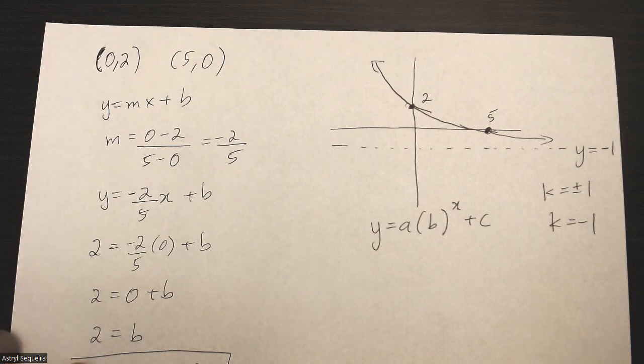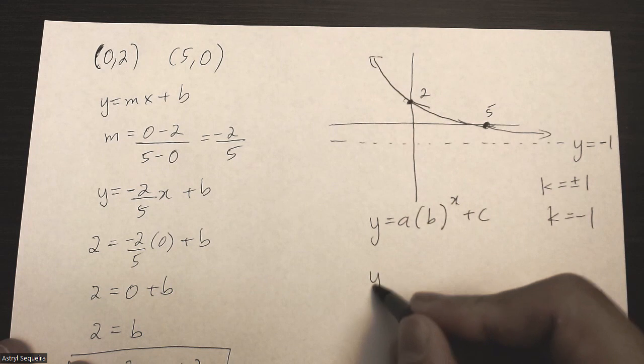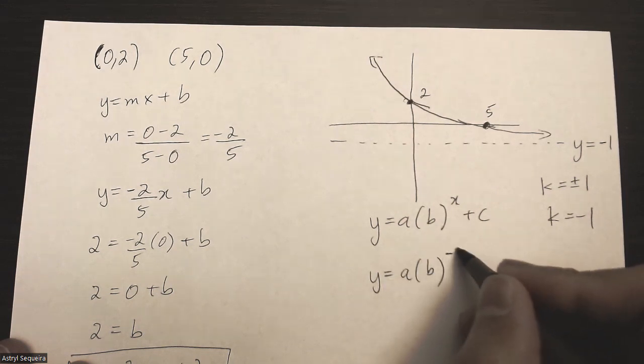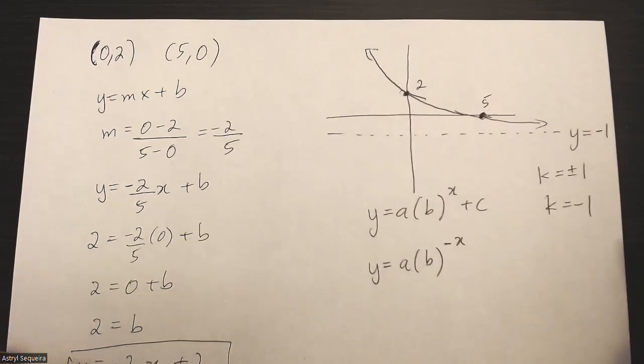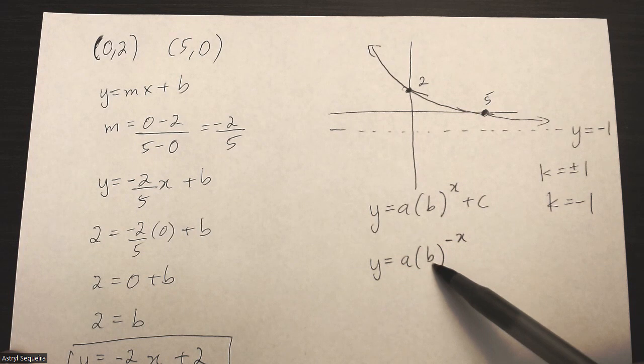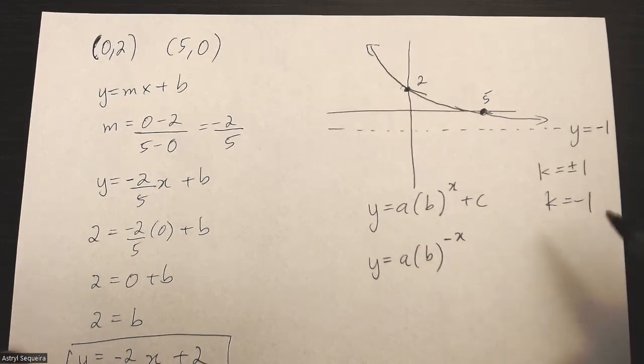So I'm going to rewrite my equation as y equals a b to the power of -x. That's because of the reflection in the y-axis. And I'm also choosing to have exponential growth. You don't have to include the negative there.